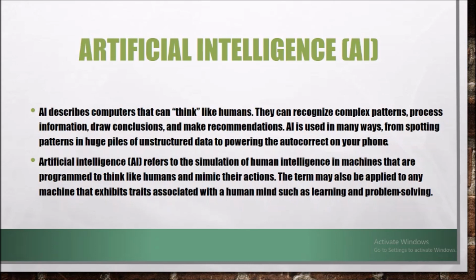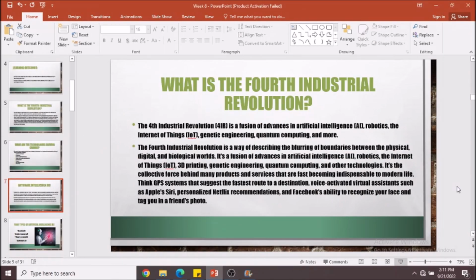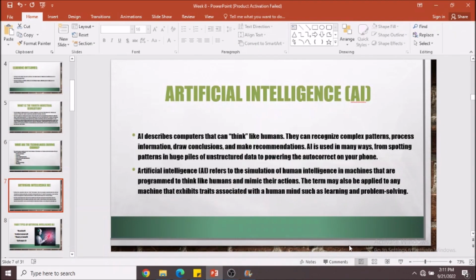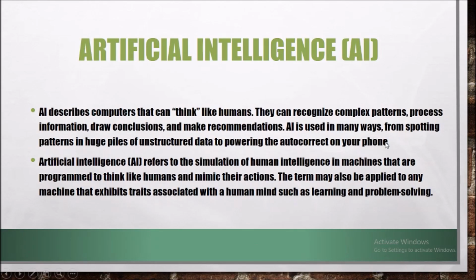Dili sila copy ana, but then they only imitate what human beings can do. They can recognize complex patterns, process information, draw conclusions, and make recommendations. So, try to imagine, high-tech ang atong panahon karon.